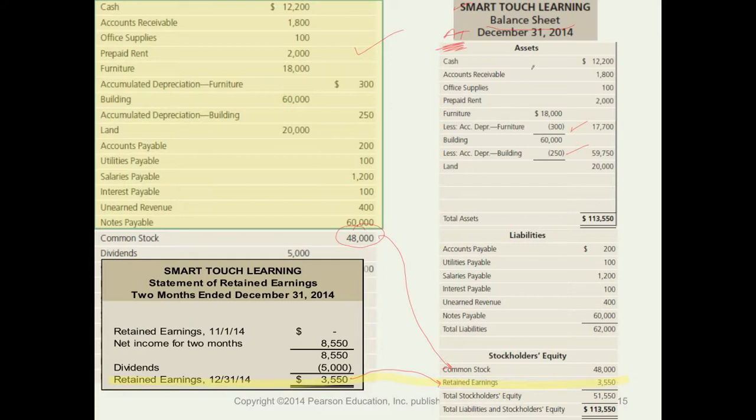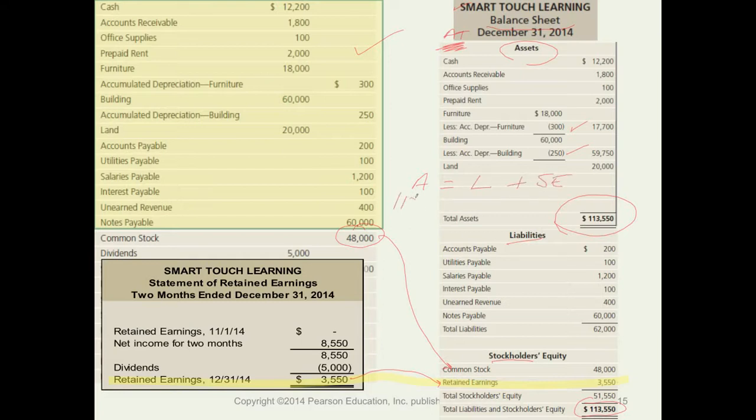The report form, unclassified: assets listed first, total assets 113,550, and that's listed above the liabilities and stockholders' equity. And incidentally, of course, you have to have your ending balance of total liabilities and stockholders' equity equal to your total assets. Just like the accounting equation, remember the balance sheet is in accounting equation format.